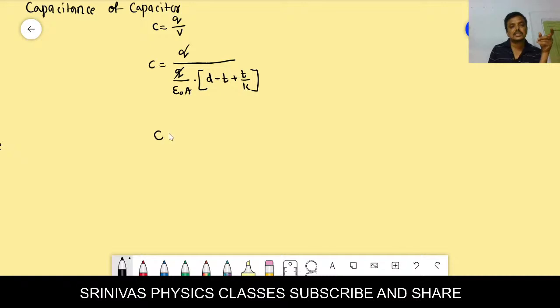Then the capacitance we got is epsilon naught A goes to the numerator, epsilon naught A by d minus t plus t by K.